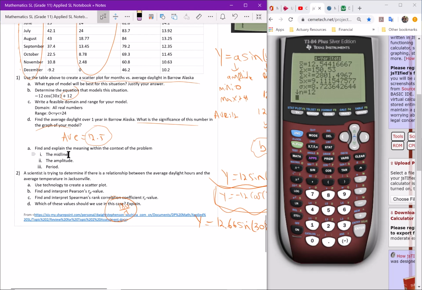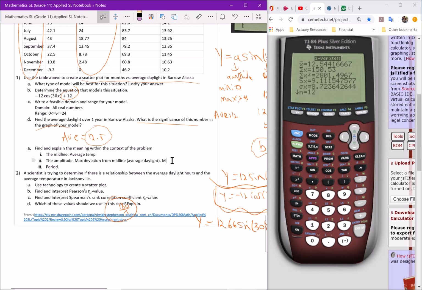Find and explain the meaning within the context of the problem. The midline, again, is the average. Amplitude is the maximum deviation from the midline. So basically what this tells us, oh, this is not temperature, we're talking about daylight, right?